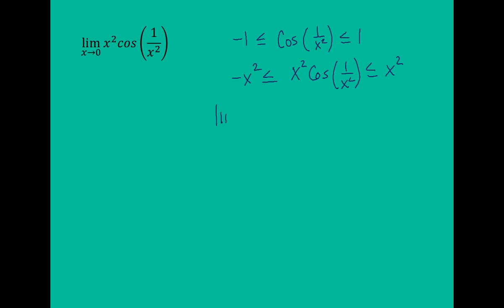Then we will take the limit of -x squared as x approaches 0. And the limit of negative x squared as x approaches 0 equals 0.